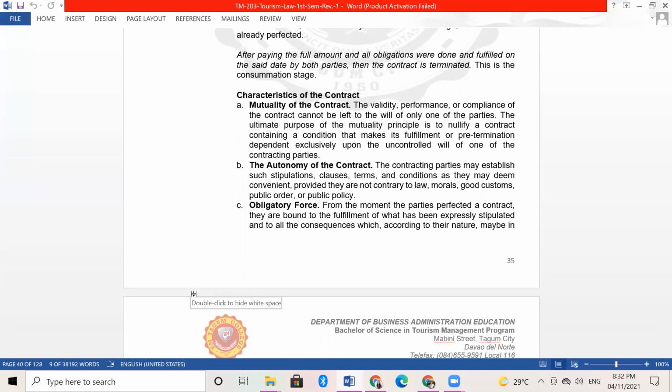The ultimate purpose of the mutuality principle is to nullify a contract containing a condition that makes its fulfillment or pre-termination dependent exclusively upon the uncontrolled will of one of the contracting parties.